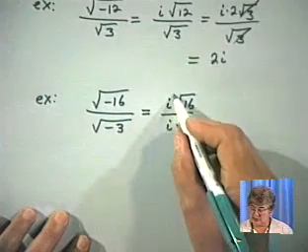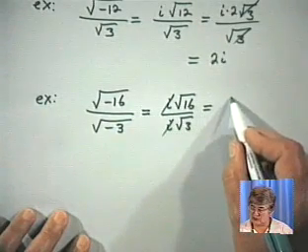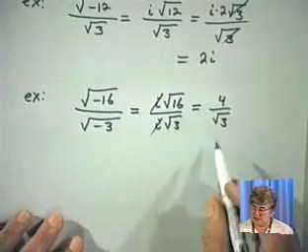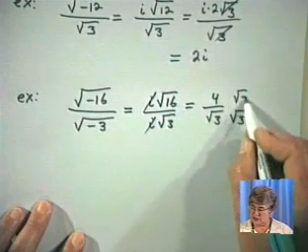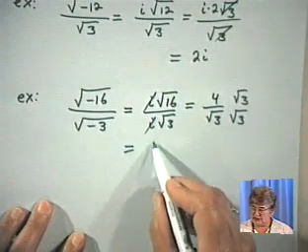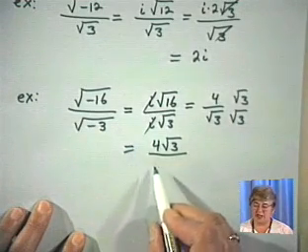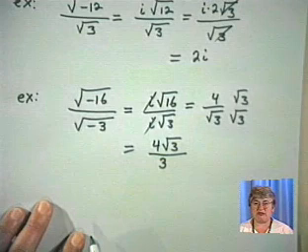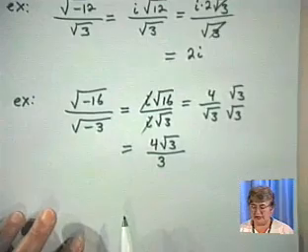The I's are the same factor. Those cancel out. And now we can say the square root of 16 is 4 over the square root of 3. And we can rationalize this by multiplying the denominator by the square root of 3, the numerator by the square root of 3. And finally, we end up with 4 times the square root of 3 divided by the square root of 9, which is just a plain 3. It's a real number. Okay?